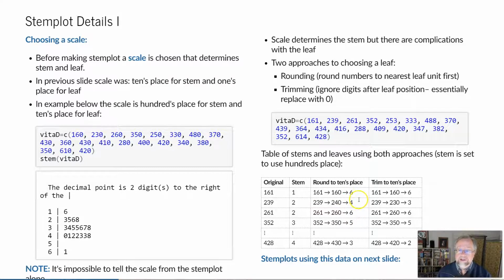Now trimming's even easier. You just get rid of the last digits. So if I get rid of the 1 in 161 on the right, I get 160. 6 is my leaf. 239, get rid of the 9, 230, 3 is my leaf. So they're almost exactly the same. Let's see what they do.